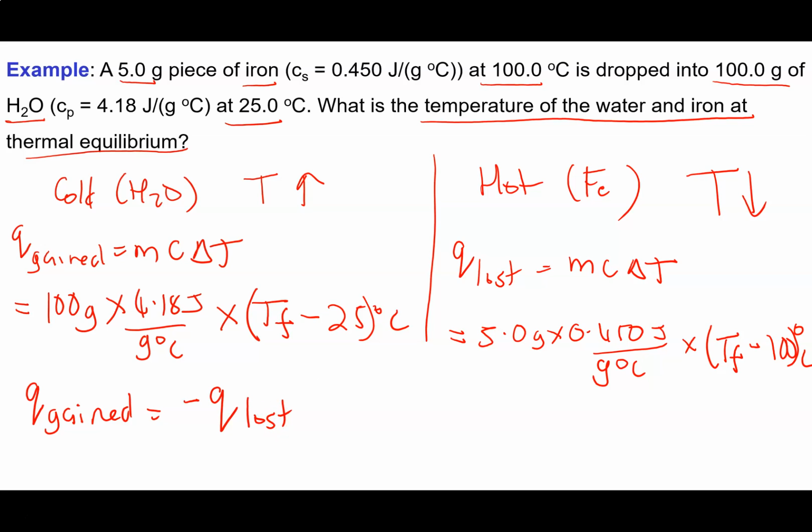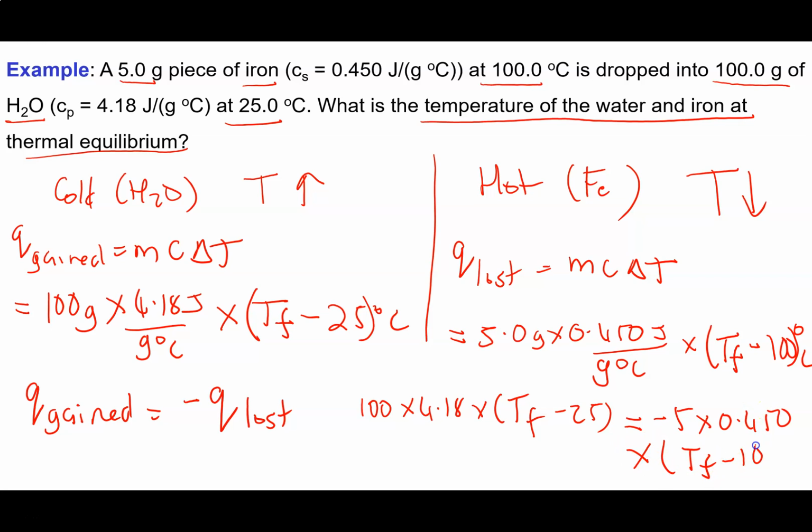So Q gained was 100 times 4.18 times T final minus 25, and that is equal to the negative of Q lost, which is negative 5 times 0.450 times T final minus 100. So what I've got to do is rearrange and solve for T final.